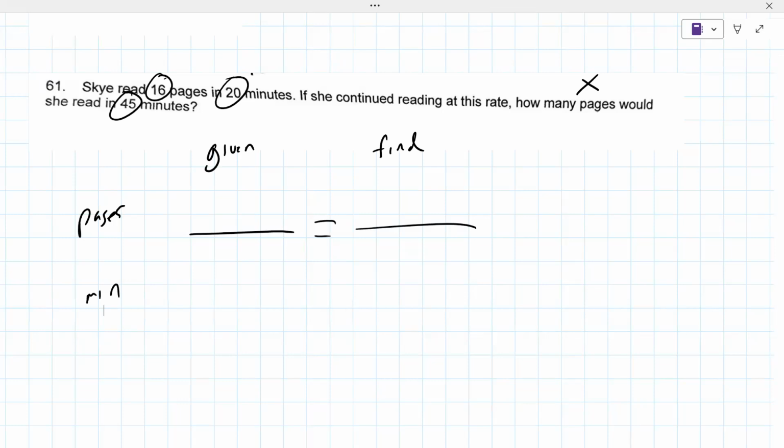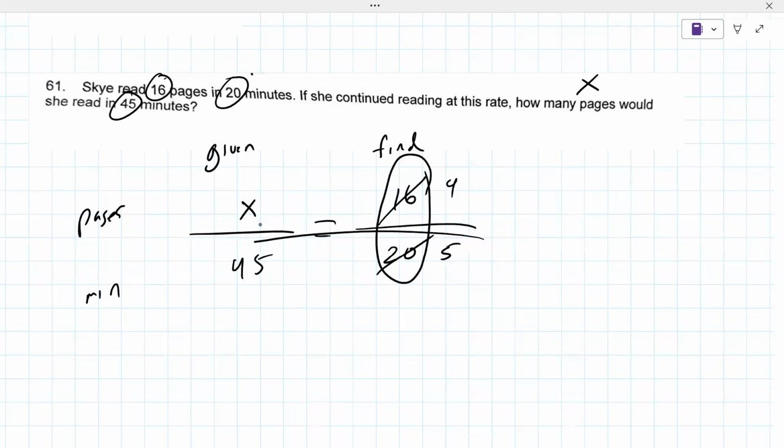She can read 36 pages. That's right. So here's how I would set it up. A little bit different. I would put x over 45 equals 16 over 20. And then you can do what's called pre-reducing here, like 4 goes into both 4 and 5, and you can pre-reduce both horizontally and vertically, 9 and 1.